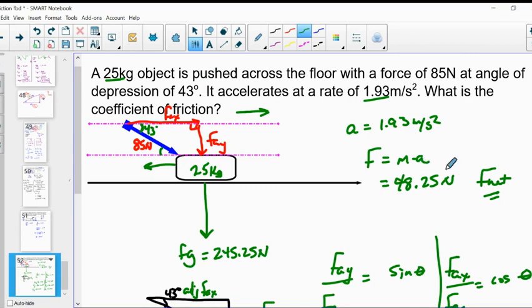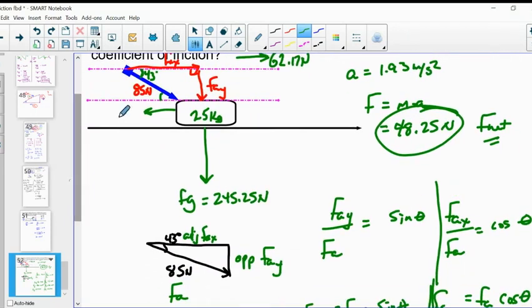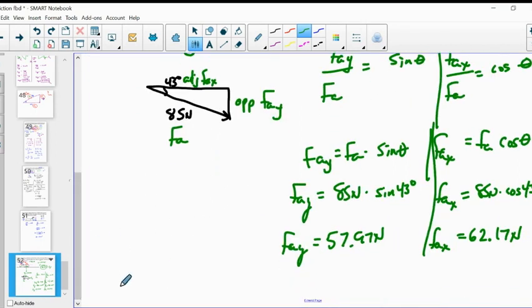And we know that we have a net force of 48. So if this is 62, we can figure out our frictional force. So our F net is our applied force in the x direction, take away our frictional force.